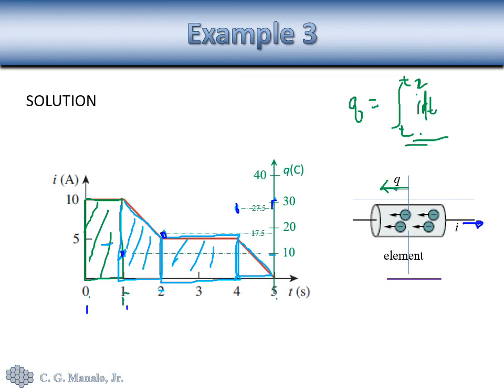So Q would be a straight line, because I is a constant value. And also between 2 and 4 seconds, I is also constant. So that would mean that the slope of Q there should also be constant, something like that.